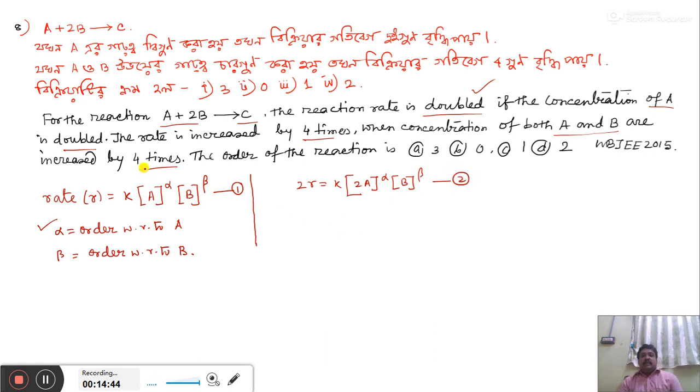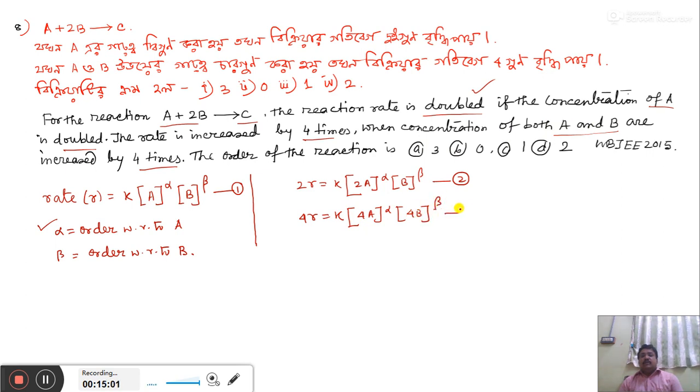And the rate increases 4 times, that is 4R is equal to K into 4A to the power alpha and 4B to the power beta.